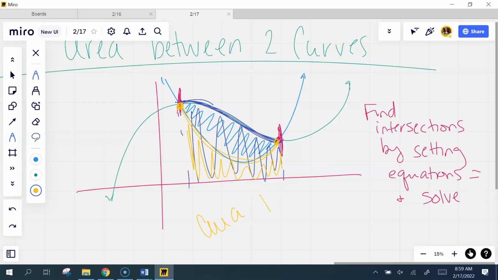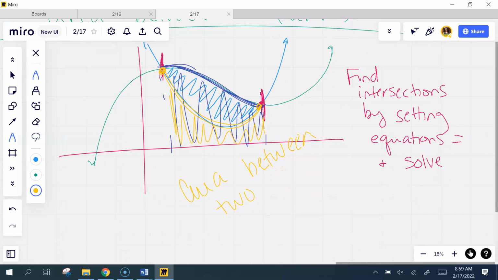Right. So the area between the two, you would do the integral of the top minus the bottom curve. Your intersection points are going to be found here.